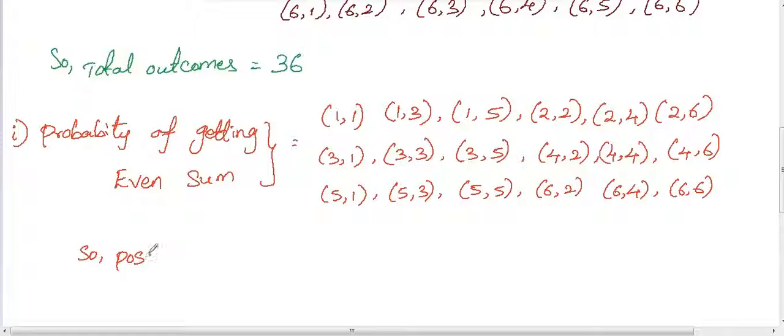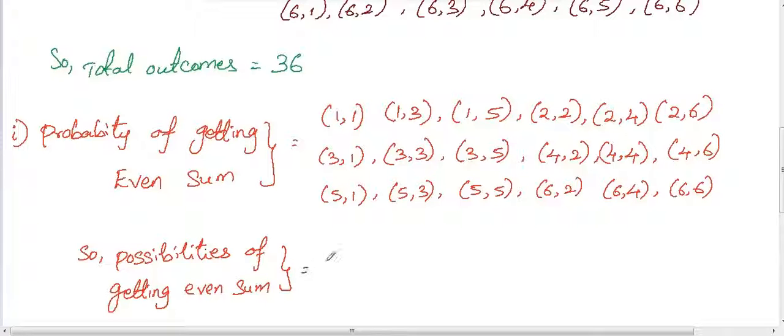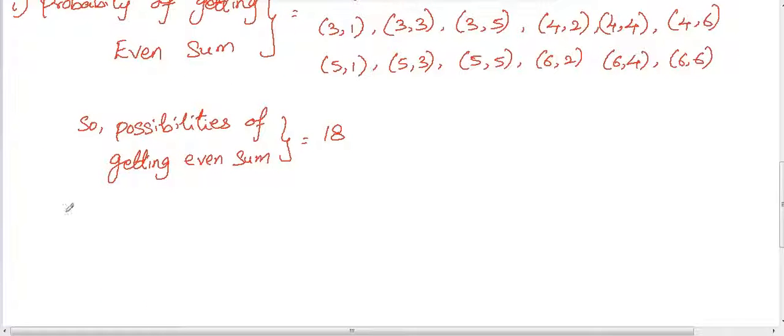So the possibilities of getting an even sum out of these 36 are 18. So finally, find the probability of getting an even sum.